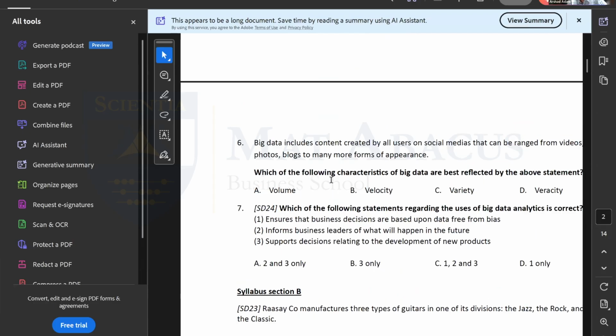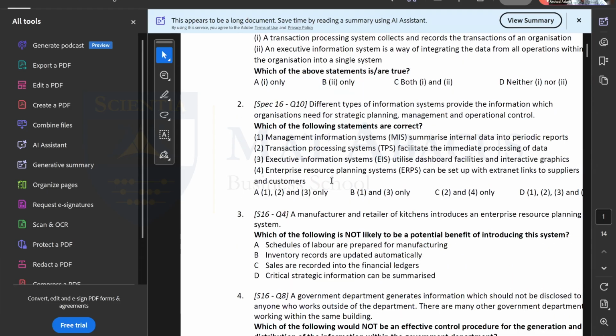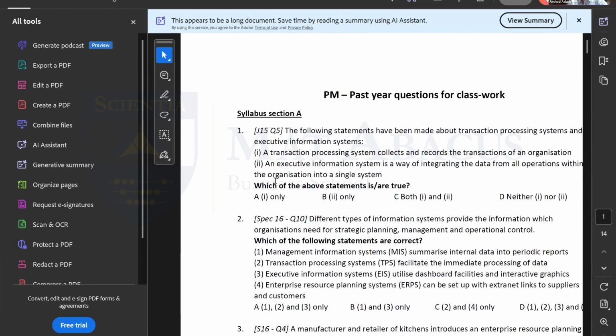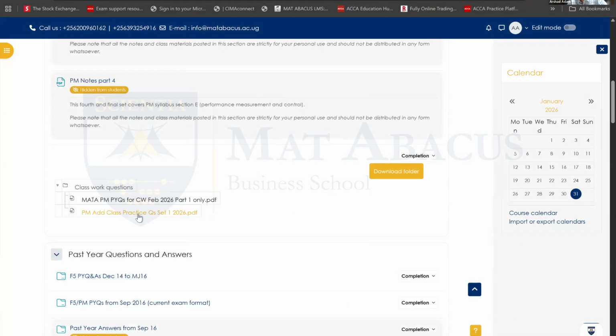This is what we will do in class, for teaching and for homework. It's all the PM past year questions for classwork. Then there are some more past year questions here, which haven't been published entirely, but have been published through the exam reports, and they are here.